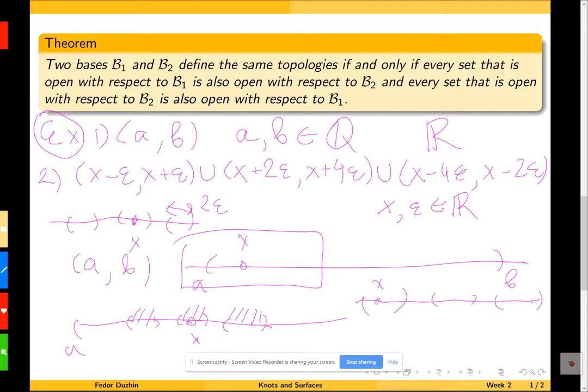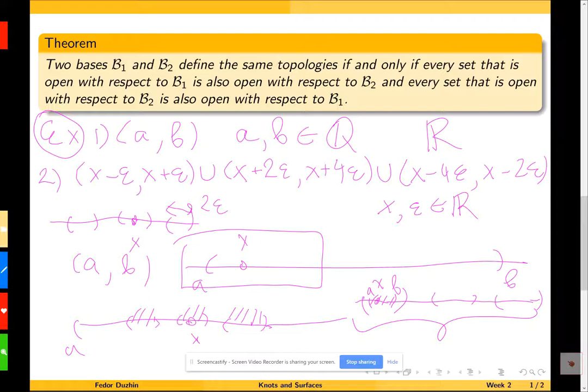We can just pick A to be somewhere here, a rational number, and since between any two real numbers there exists a rational number, it is possible. So we pick any B here, which is also a rational number, and then the interval from A to B contains x. And the interval from A to B sits inside this union of three intervals from x minus epsilon to x plus epsilon, from x plus 2 epsilon to x plus 4 epsilon, and from x minus 4 epsilon to x minus 2 epsilon, which by definition means that this collection of three intervals is open with respect to the first topology.